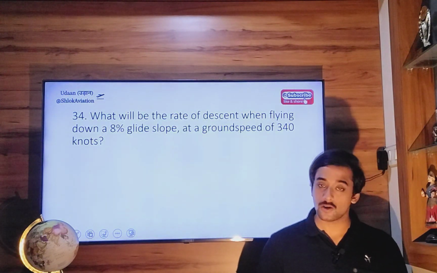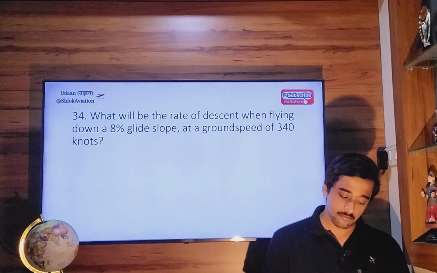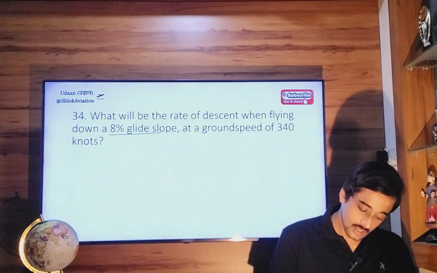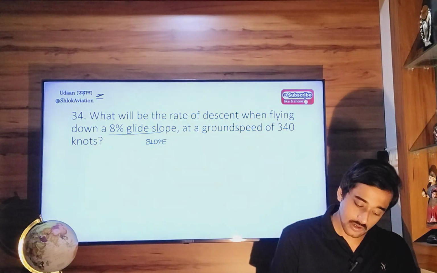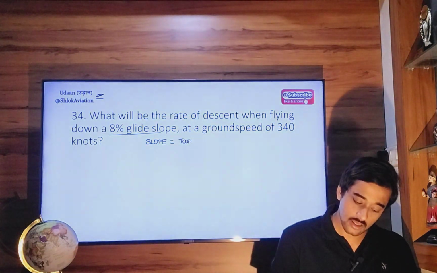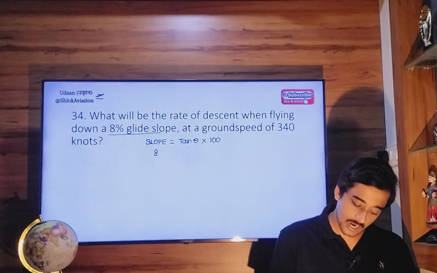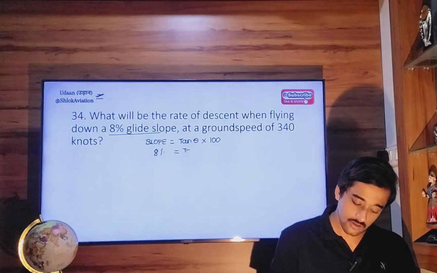What will be the rate of descent when flying down an 8% glide slope at a speed of 340 knots? So glide slope equals tan theta into 100.